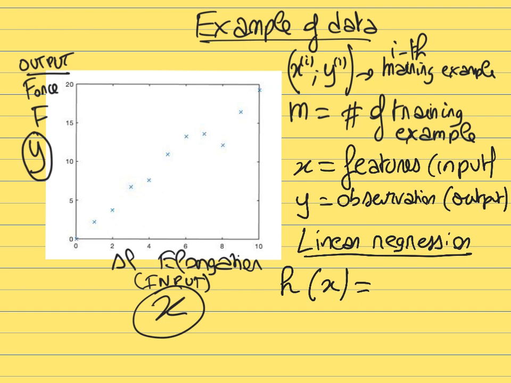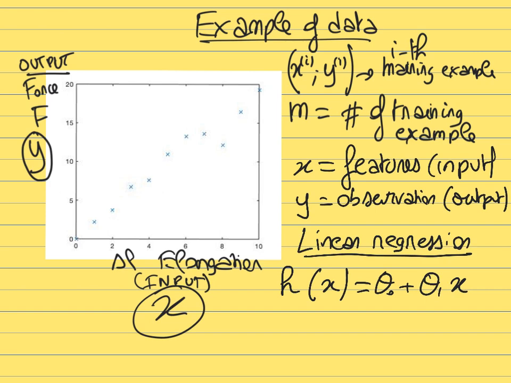In the context of machine learning, typically we would write this as theta naught plus theta 1 times x, which is the same as ax plus b, or mx plus b, or whatever the notation is. You need two variables in this case. Theta 1 is the slope of the model, and theta naught is the intercept.